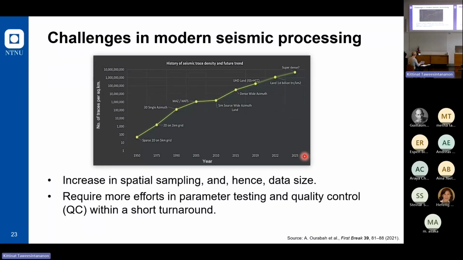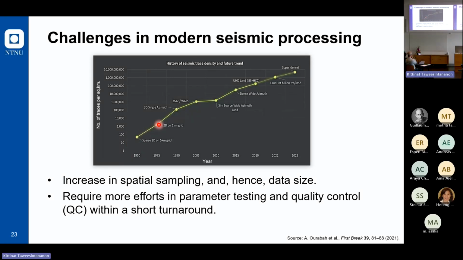The challenges in modern seismic processing are about the data size. The increase in data size from the past to the current day is plotted in this figure. The vertical axis is the number of seismic traces per square kilometer when we acquire land seismic data. Around 1950, we started to do 2D seismic surveys, with a very small number of traces per square kilometer.